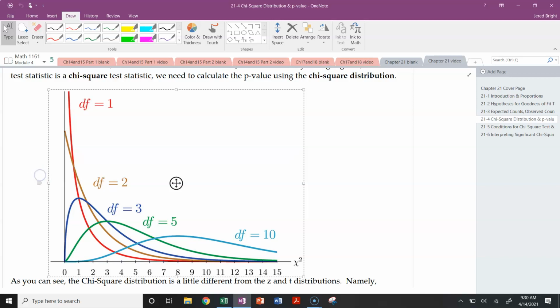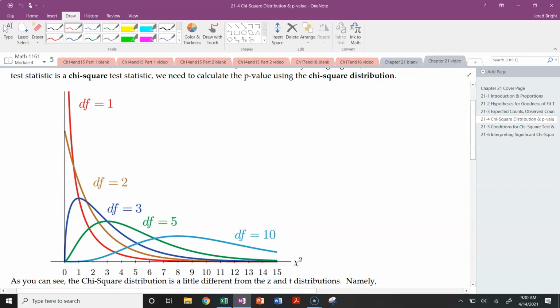Here are some different pictures of what the chi-square distributions look like. You can see there are different ones, and there's this DF. It is degrees of freedom, and we saw that in the t distribution. As the degrees of freedom increase, the shape of the chi-square distribution changes as well.